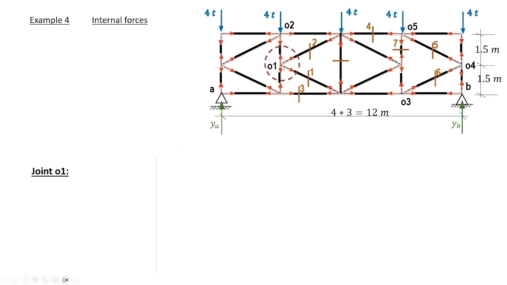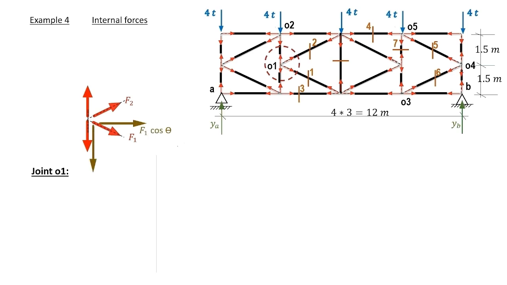Please note that O1 has 4 members connected to it: the vertical O1, O2, and the lower vertical, and the 2 inclined members, member 1 and member 2, shown in brown. We extracted it outside here, and we are concerned with F1 and F2 to start computing them. Those are the 2 inclined members that form the K shape. Here is the K shape.